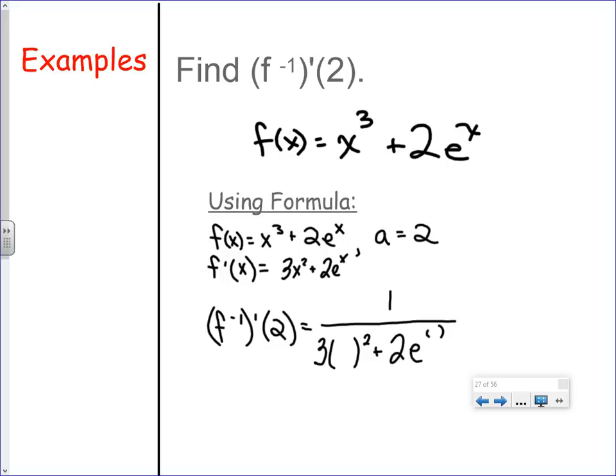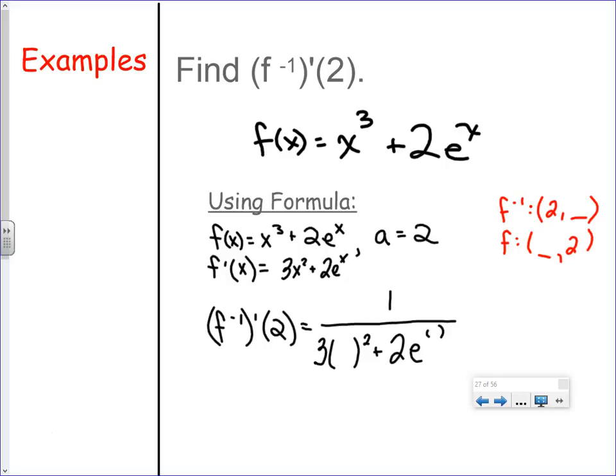Remember what we were doing in class? I need to realize that a is an x of the inverse, right? A is an x of the inverse, which means it's a what of the original? It's a y. What do I need? The y of the inverse to plug in, which I will get from solving for the x of the original.